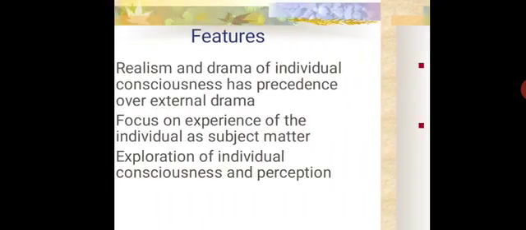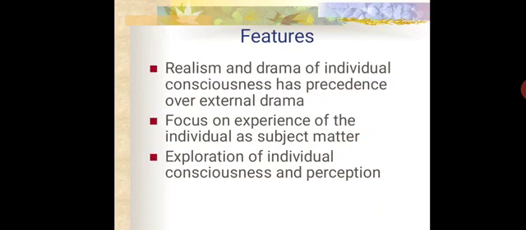Next part, features. What are the features of the rise of the novel? That is, realism and drama of individual consciousness has precedence over external drama. Focus on the experience of the individual as subject matter. See, whatever subject matter is presented in the realistic novel, in the beginning of the novel form, the focus is on individual experiences.